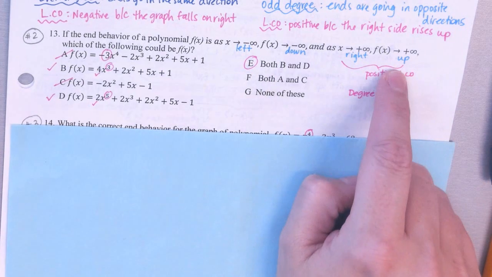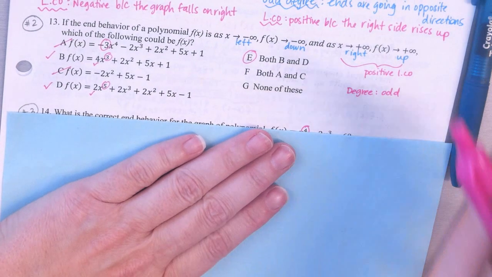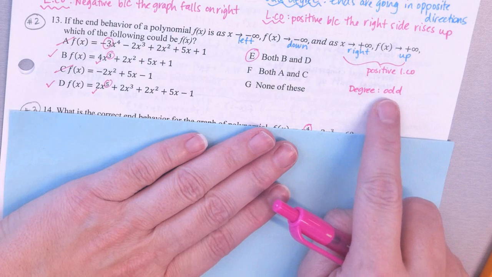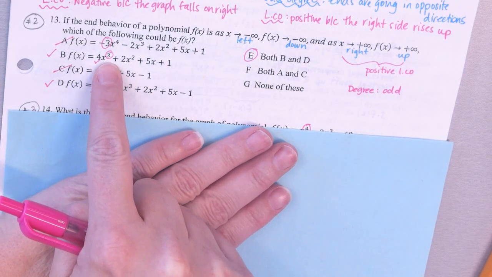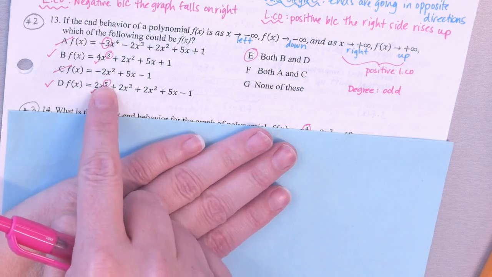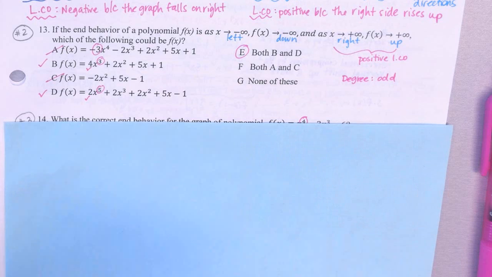So this goes down and this goes up. So the ends are going in opposite directions. So if they're going in opposite directions, the degree is odd. So 4x to the third, yep. 3 is odd. 5 is odd, so that one also works. So your answer should be E, both B and D.